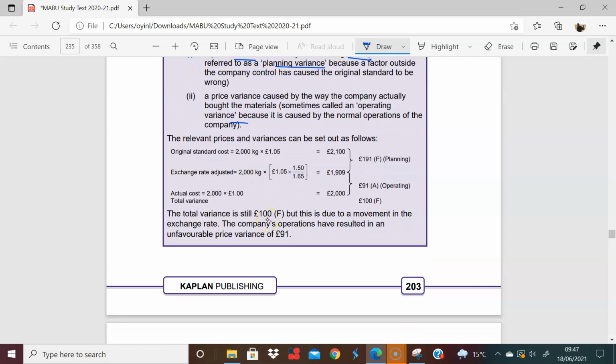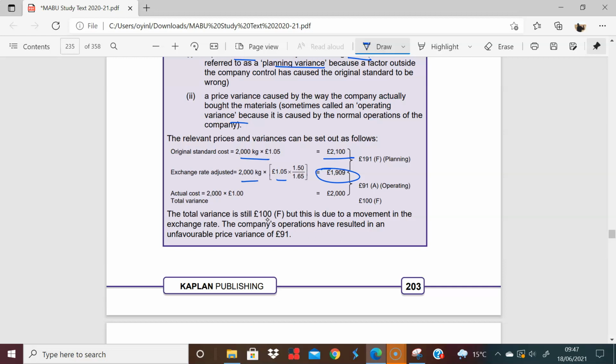Like you see here, this is what I've done in effect. That's the 2,100. We had to find this 1,900. They haven't quite shown you how they found it, but it's the same principle: 2,000, and find the change in the exchange rate by multiplying by £1.50 over £1.65, or go through the process that you saw me go through, so you know how you arrive at this number.